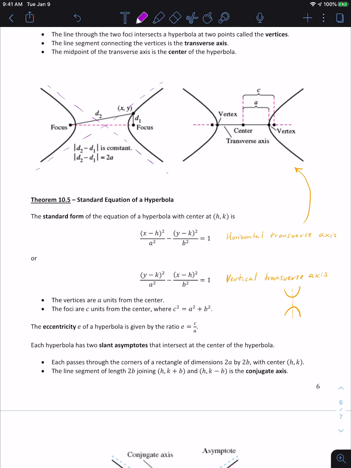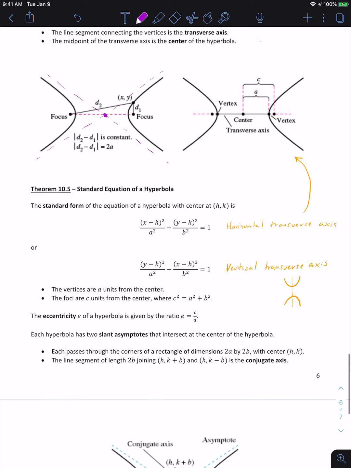And notice that those two slant asymptotes meet right at the middle. That will always happen with a hyperbola. So the slant asymptotes intersect at the center, and they'll actually help us draw these, because it's easier to draw the slant asymptotes and then fill in the curved line once you have those. Each line passes through the corners of a rectangle of dimensions 2a by 2b.